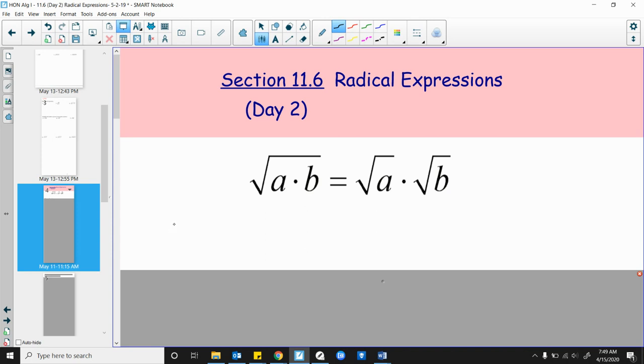Let's go with the square root of 20. We think of this as a times b, so let's think of something that will multiply to get us 20.